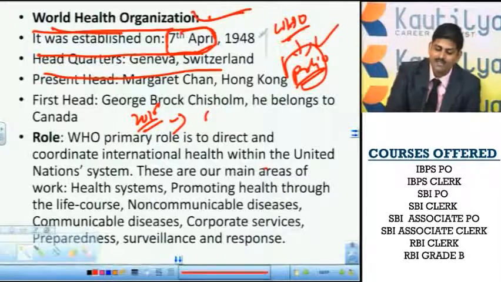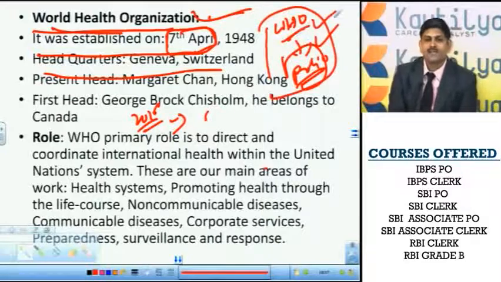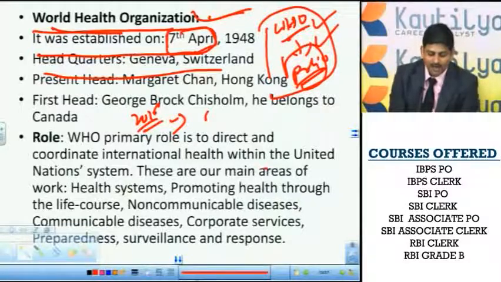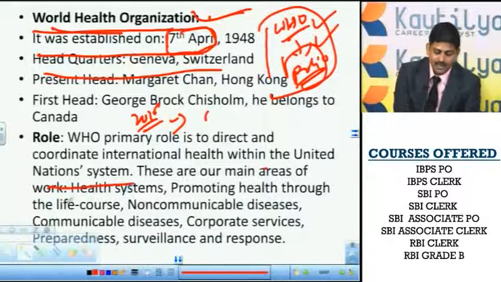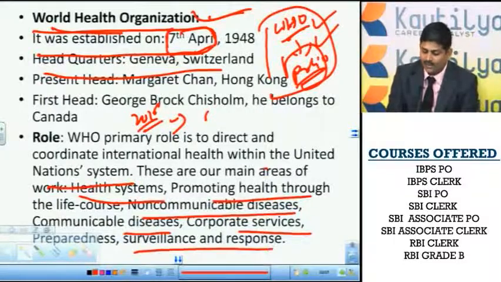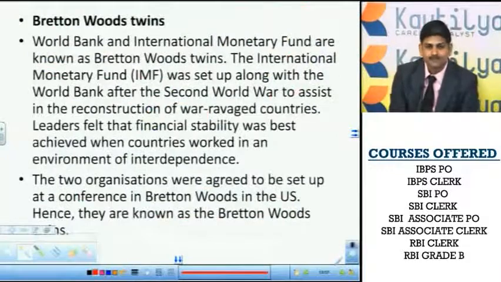All these efforts were made to relieve the nation of this disease. WHO's primary role is to direct and coordinate international health within the United Nations system. It focuses on 4 areas: health systems, promoting health through life courses, non-communicable and communicable diseases, and cooperative services. Everything it will take care of. That is about the World Health Organization.